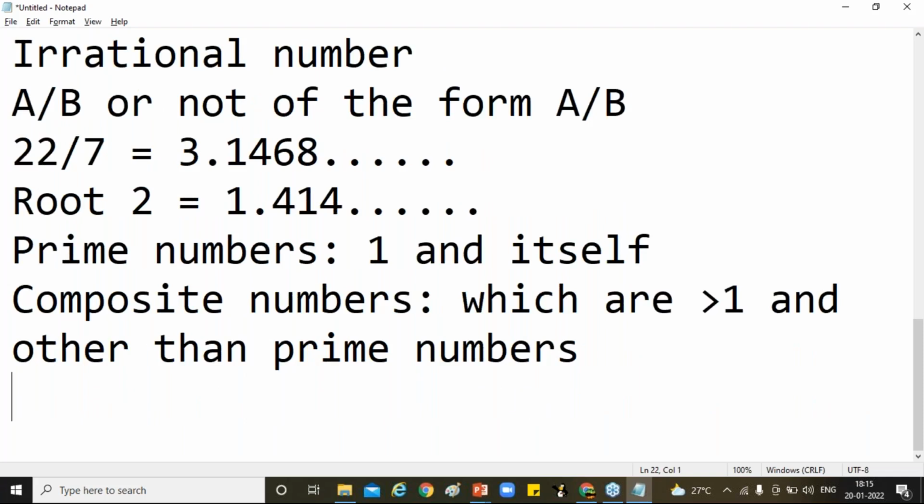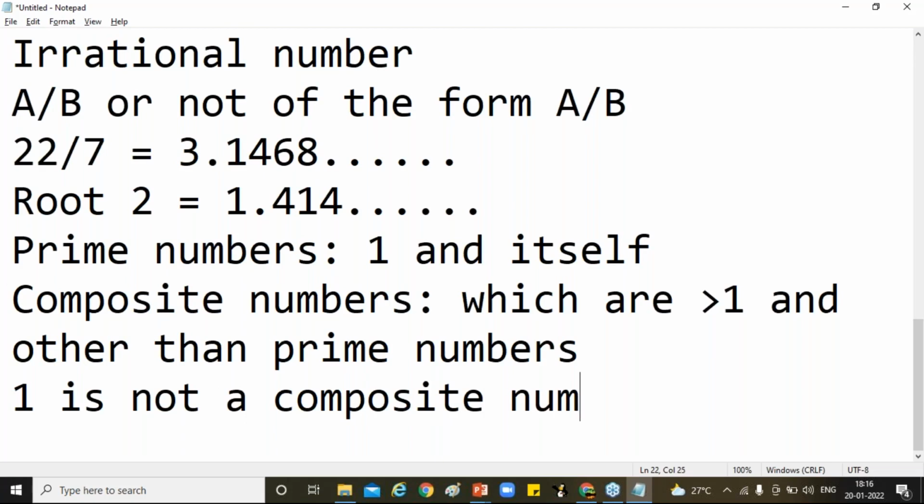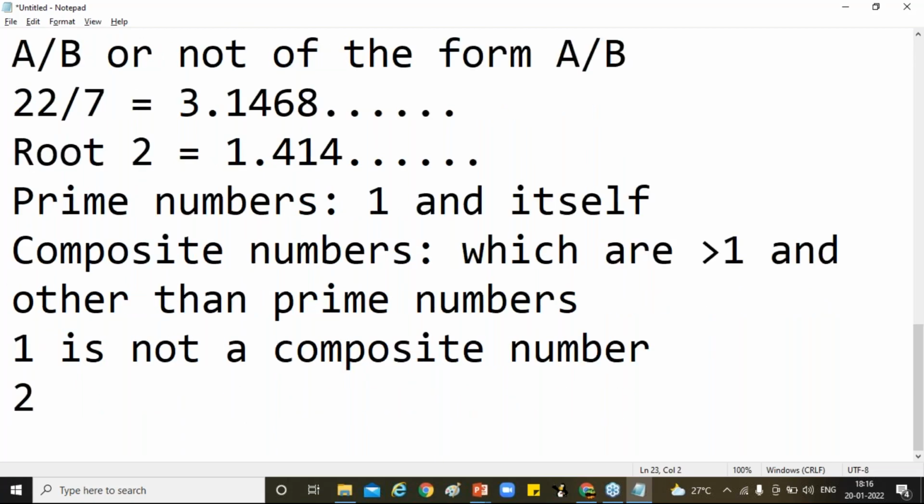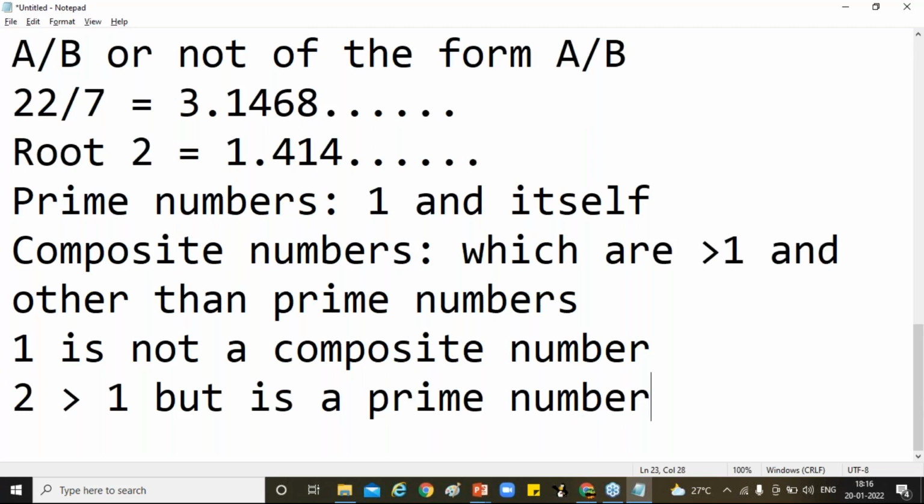It means, for example, if you take 1, 1 is not greater than 1, so 1 is not a composite number. If you take 2, 2 is greater than 1, but 2 is a prime number, so it is not a composite number.